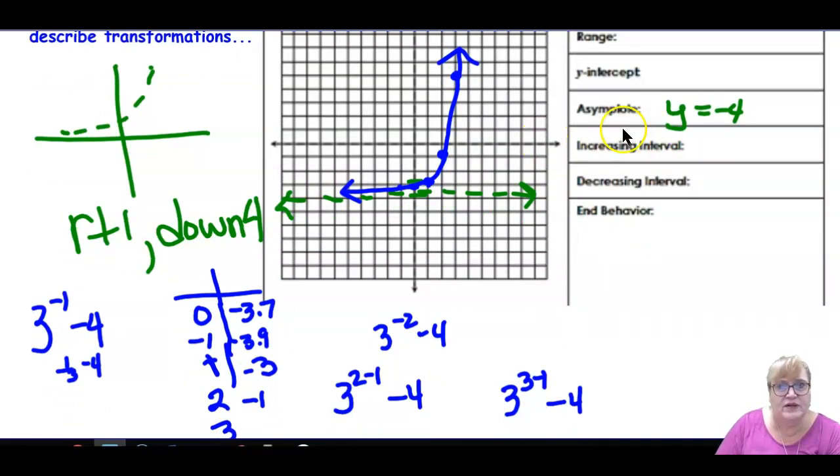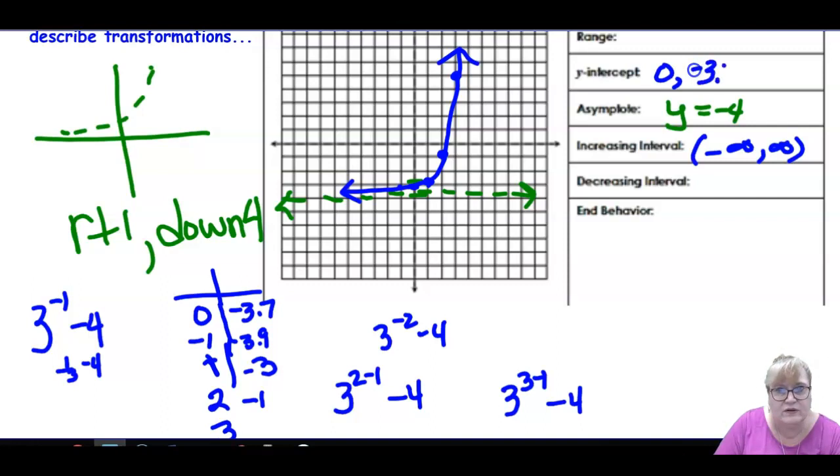The biggie is here that it has an asymptote at -4. It is all increasing, and the y-intercept was at 0, and when we put in a 0, we rounded to -3.7.